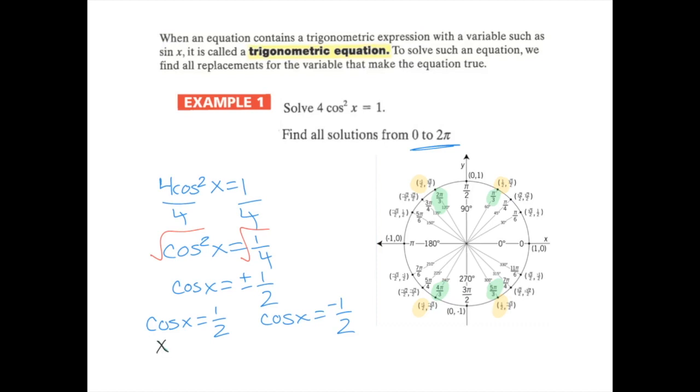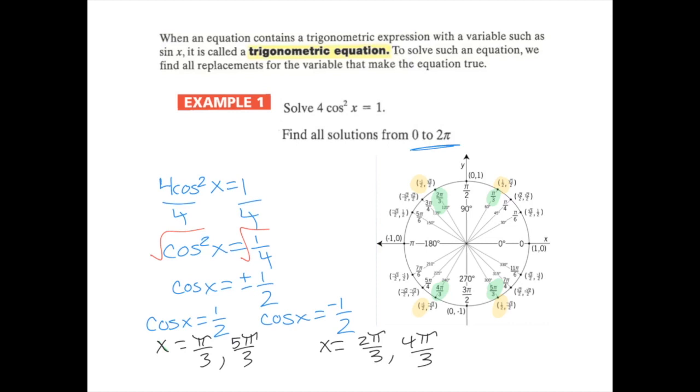So for positive 1/2, I see that my angle measurements could either be pi over 3 or 5 pi over 3, since that's where cosine is positive. And then for negative 1/2, I see my angles could be 2 pi over 3 and 4 pi over 3. So we have 4 different angles that satisfy this.